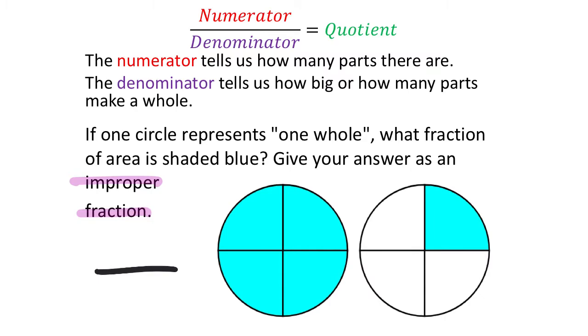We'll have a box right here to fill in for the numerator, and a box right here to fill in for the denominator. So the numerator is where we count how many pieces are shaded, and they need to be equal sized pieces. If we found that some of these were not equal sized pieces, we would need to continue cutting them until they were the same size pieces.